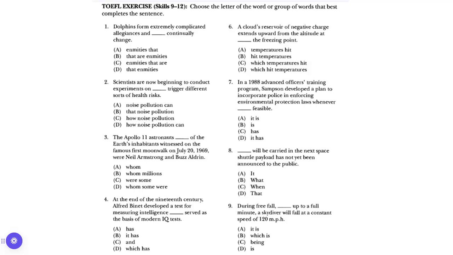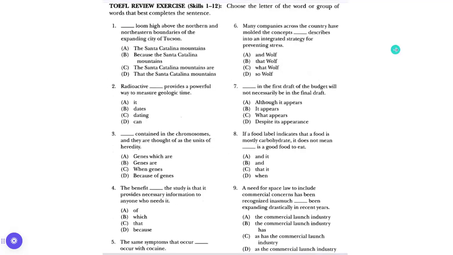Okay, let's check. Number 1, A, 2, D, 3, B, 4, D, 5, C, 6, C, 7, A, 8, B, 9, B, and 10, C. Let's go to this one.